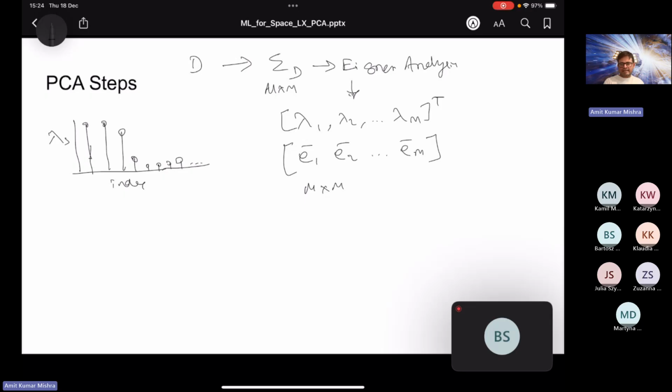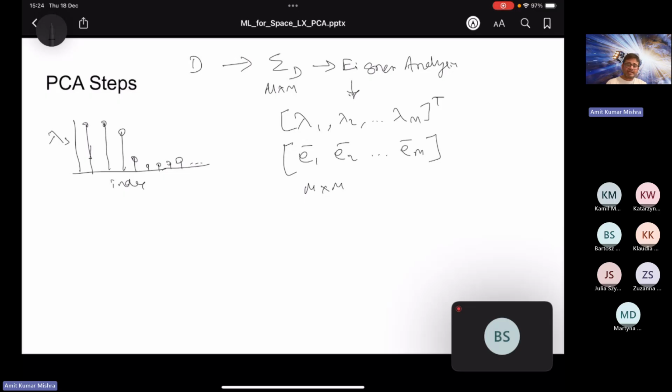Again, this is a rule of thumb. It's not a rule that every time you do eigenvalue analysis of a covariance matrix, you will see the same trend. But mostly, when you take a data set, find the covariance matrix, find the eigenvalues and plot them, a bunch of them will be very high and the rest very low in value.